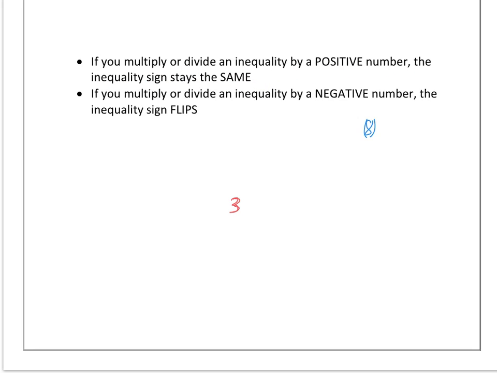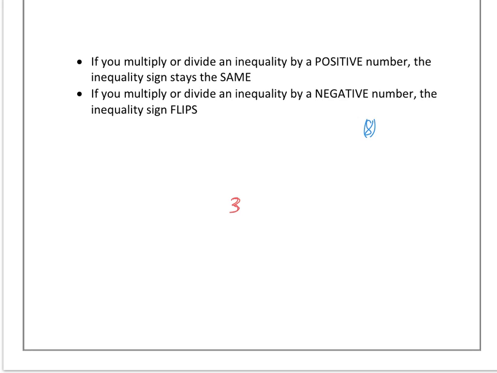So multiplying or dividing both sides by a positive number does not affect the truth of that inequality statement. However, if you multiply or divide an inequality by a negative number, you have to flip that inequality sign. Otherwise, you don't have a true statement, so you have to flip it.